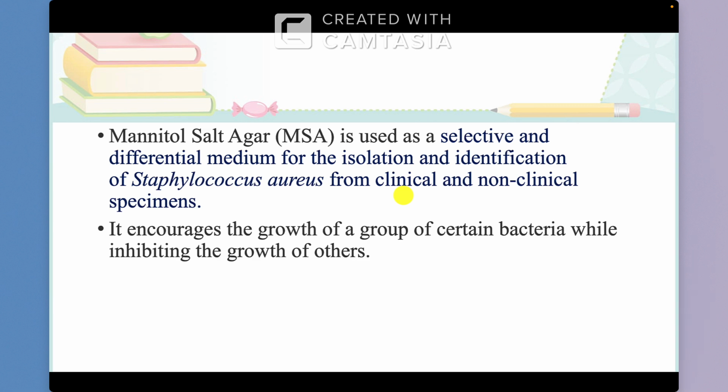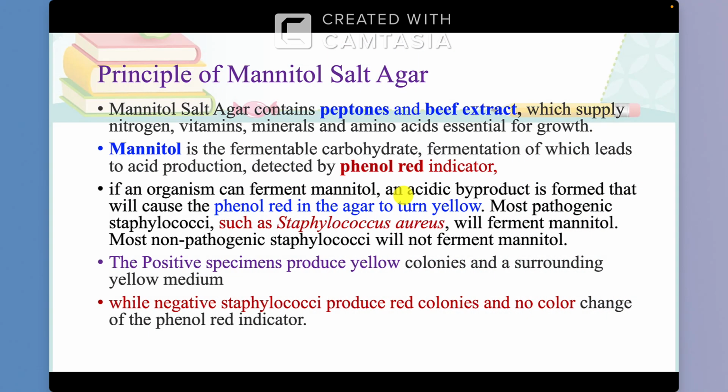at 37 centigrade for 24 hours, overnight, then we can see the reaction in this media. The principle is that mannitol salt agar contains reagents, substrates, and indicators, which are the principle of the selective and differentiating media. It contains peptones and beef extracts, a source of nitrogen, vitamins, and minerals.